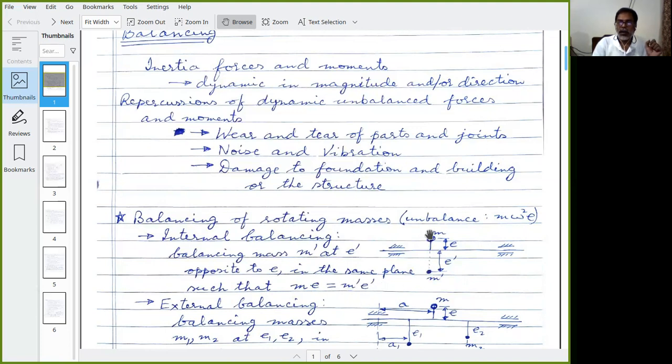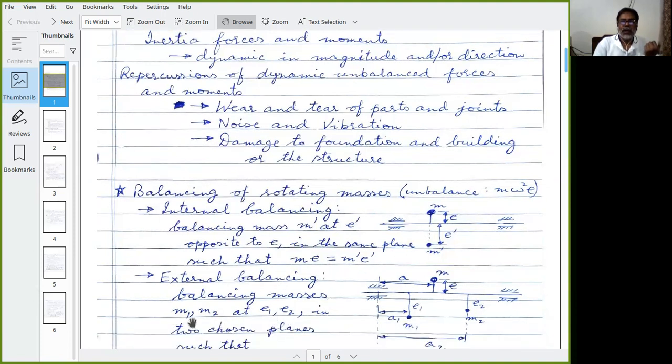Then you see that together the masses in this plane will have their CG on the axis, and everything is hunky dory. So this is internal balancing, in which you try to balance the unbalanced mass by putting an additional mass in the same plane. It can be balanced through external balancing also.